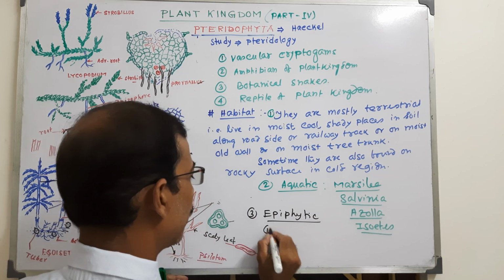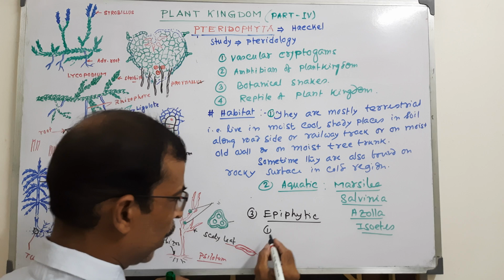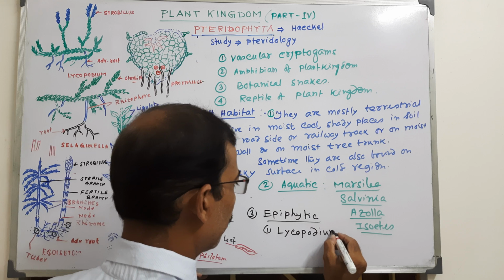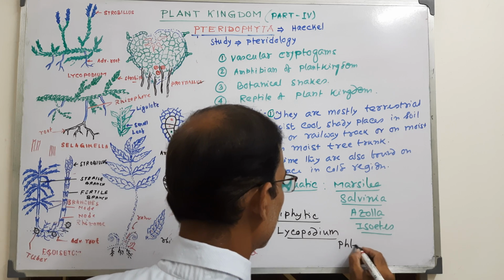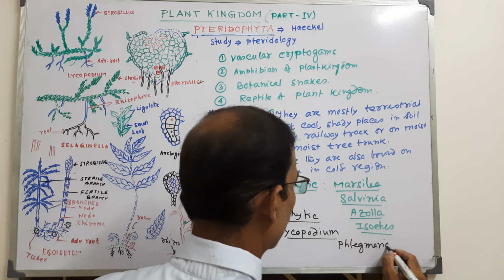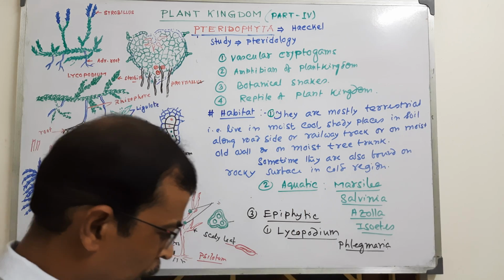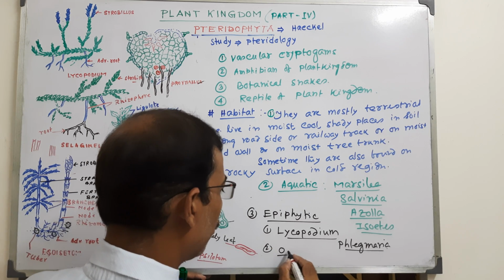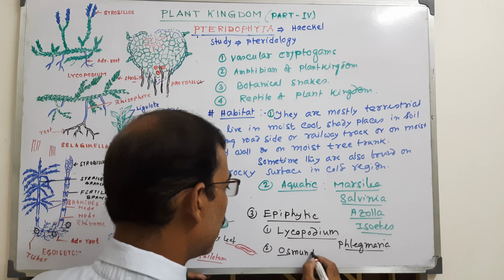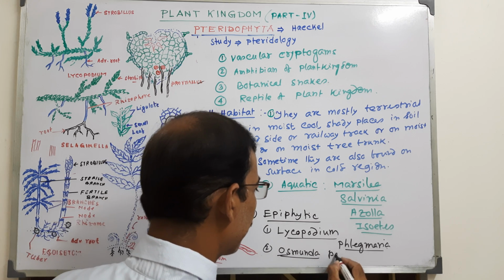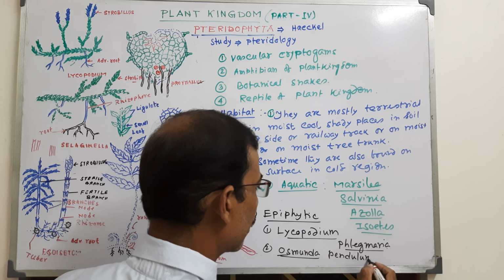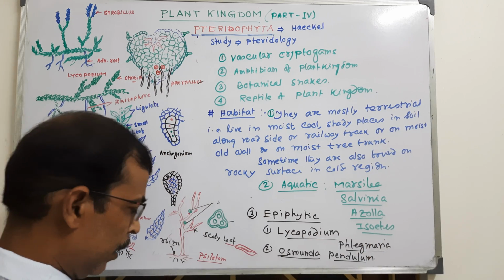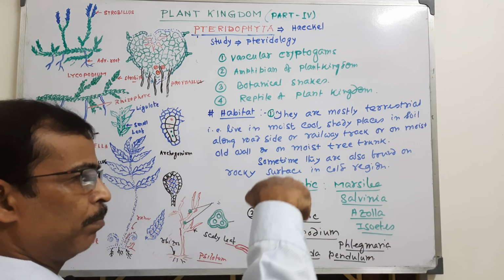Epiphytic example: Lycopodium phlegmaria and Osmunda pendulum, due to pendant in nature, that is the stem hangs downwards.